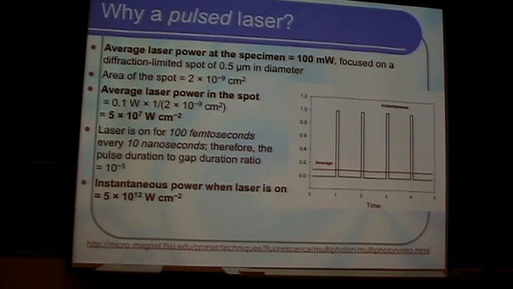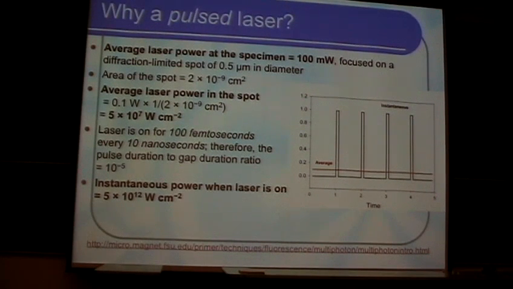So if one has average laser power at the specimen of the order of 100 milliwatts focused into the diffraction limited spot, which is of the order of 0.5 micrometer in diameter, that means the average laser power in the spot is of the order of 5 by 10 to the power 7 watt per centimeter squared.